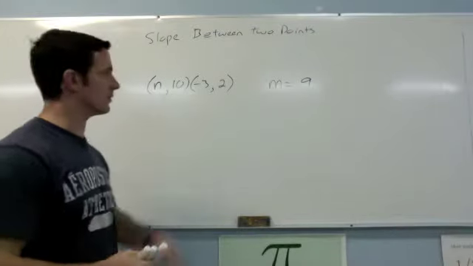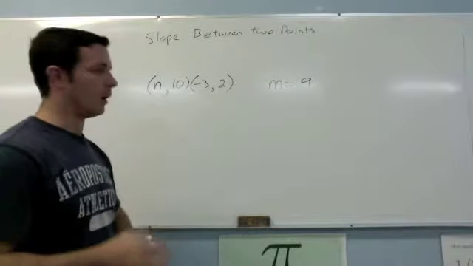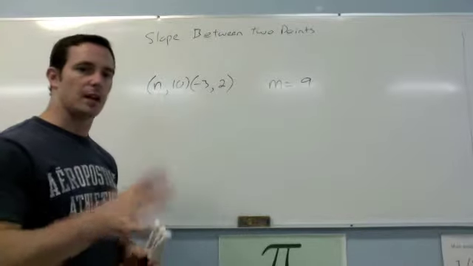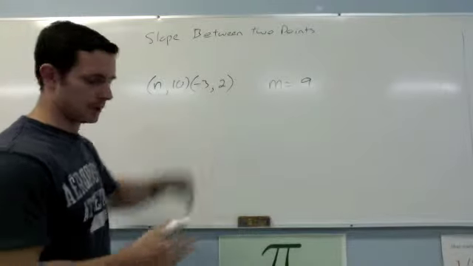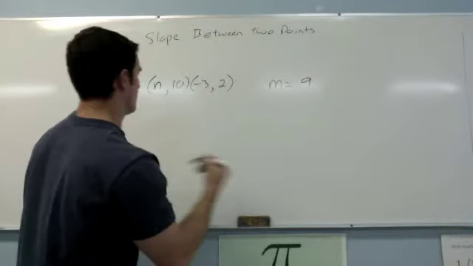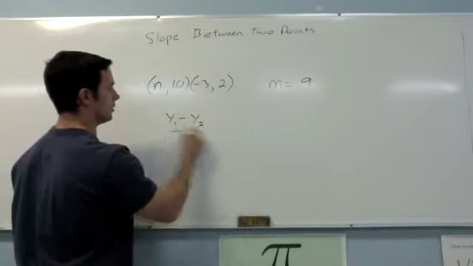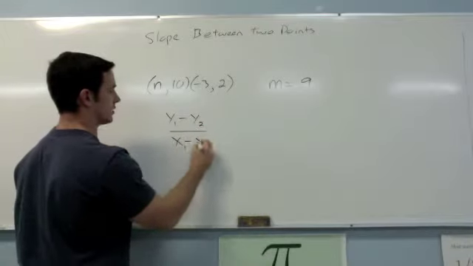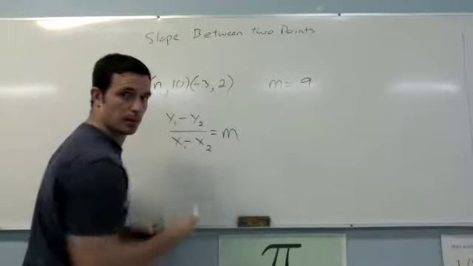Now, most of you get stuck on this and you're not sure what to do. All you're doing is the same thing you did when I gave you 2 points and you found the slope. You're just going to take the numbers and plug them in. So you're still doing y1 minus y2 over x1 minus x2. And this has to equal the slope.